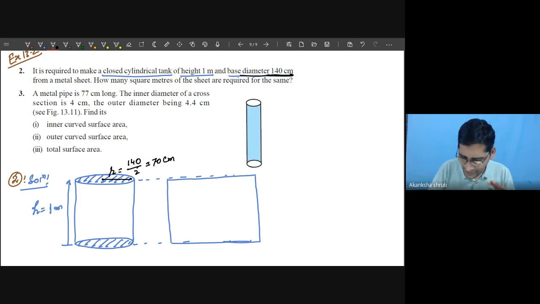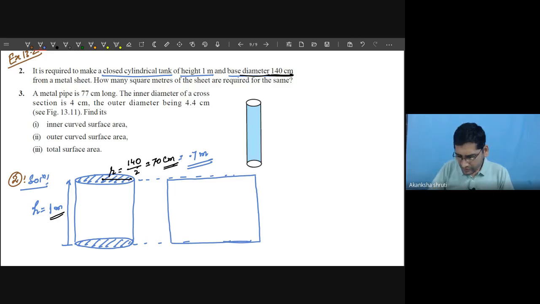So we should be careful that the radius is in centimeter, but the height is in meter. Both should be brought to the same unit, either centimeter or meter. We may write this 70 centimeter as 0.7 meter, the radius.